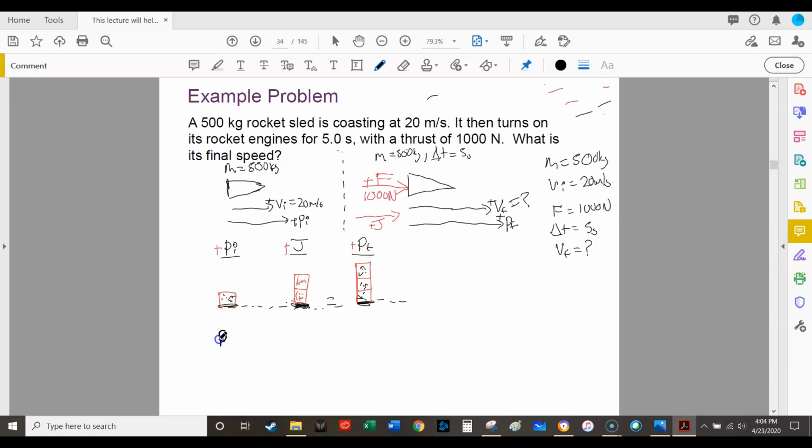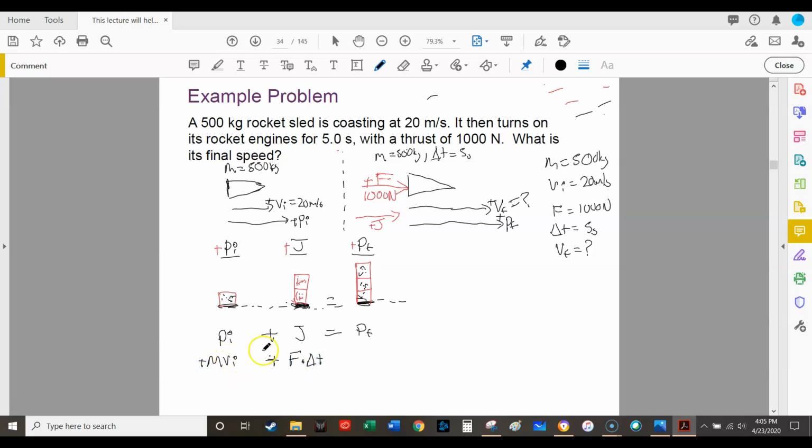So initial momentum plus the J vector is equal to the final momentum, right? And the initial momentum is mvi plus the J vector, which is going to be force times delta t, and everything is positive here, right?